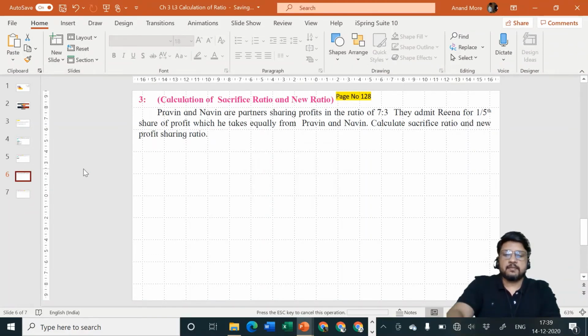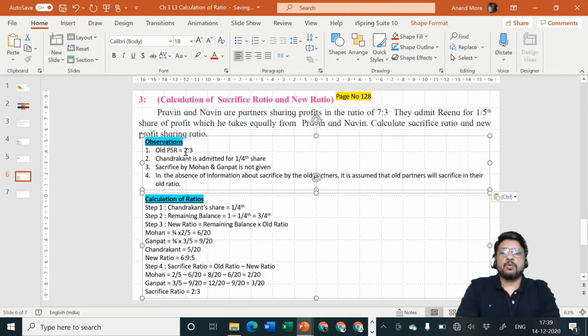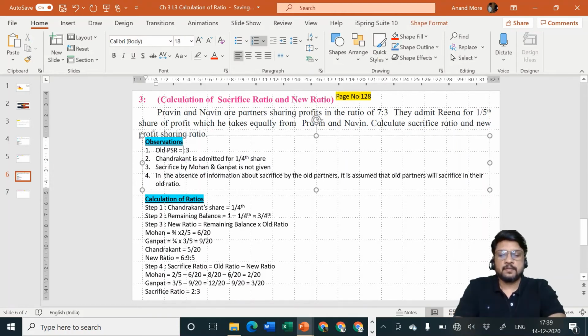Observations. Old PSR is how much? 7:3. Who is admitted? Reena is admitted. Reena is admitted for how much share? 1/5 share. Remember, these observations are only for you and me.